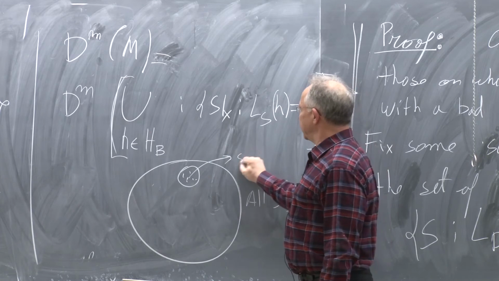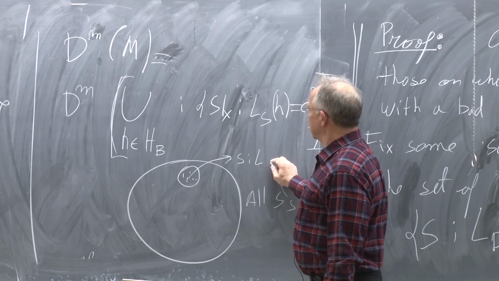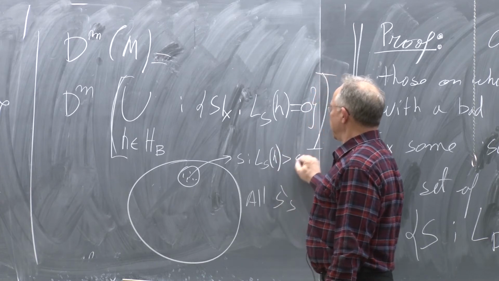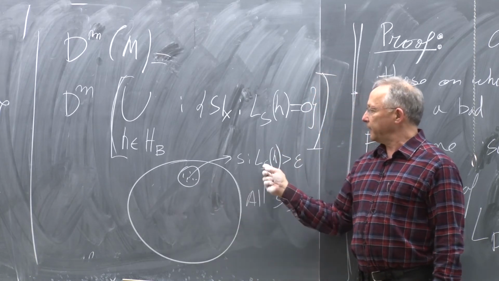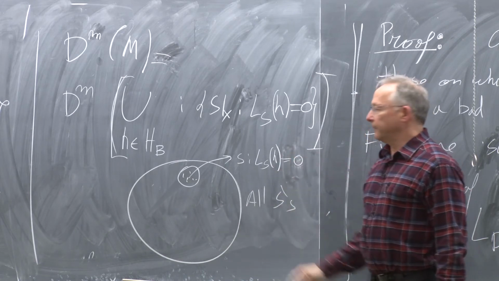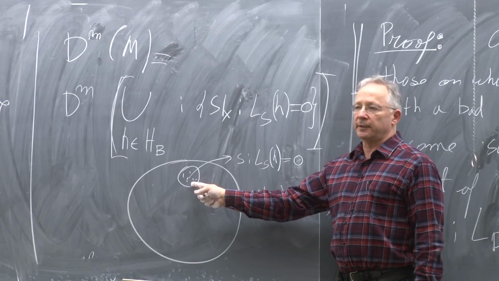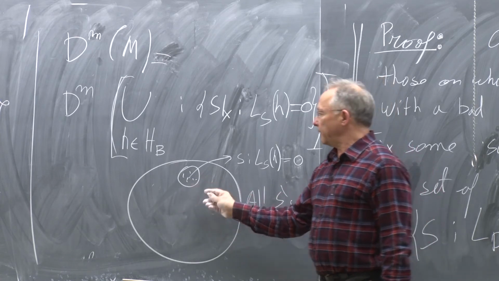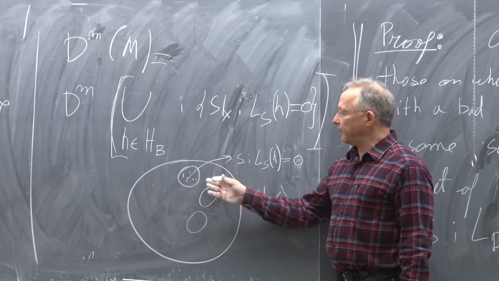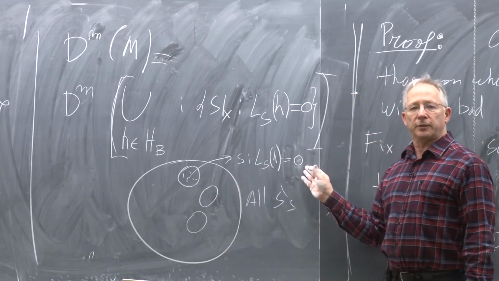This is the set of all S's such that L_D(h) is bigger than epsilon, and this is the set of all samples for which L_S(h) is 0. This is the set of all samples that may lead me to pick H. I will pick H only if it makes 0 error. For a single H, this is the set. And for another H, this is going to be the set. And for another H, this is going to be the set. For every hypothesis H, I have the set of all samples that will lead me to think that it looks perfect.